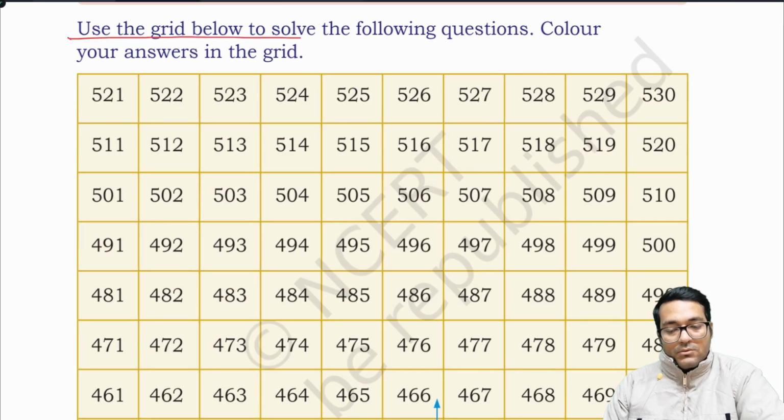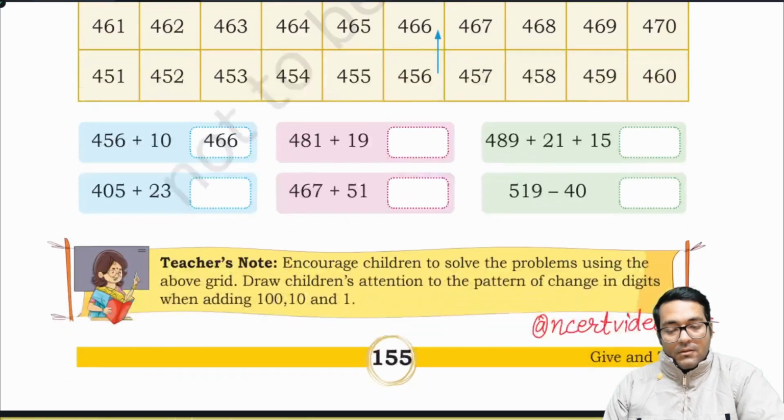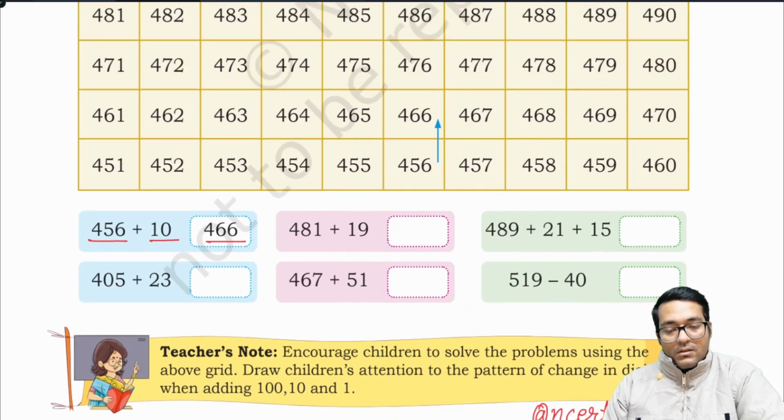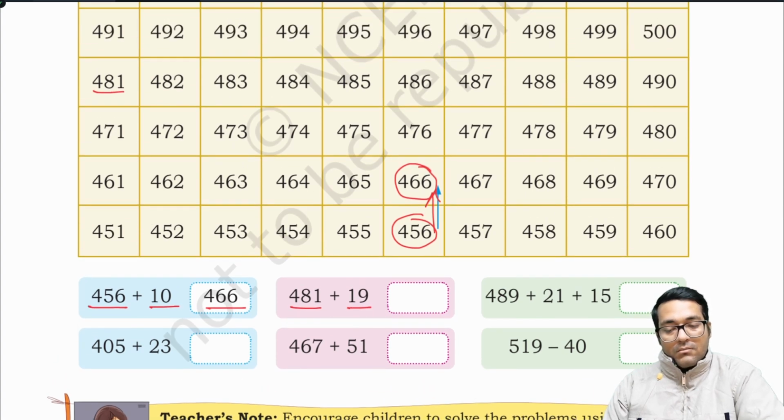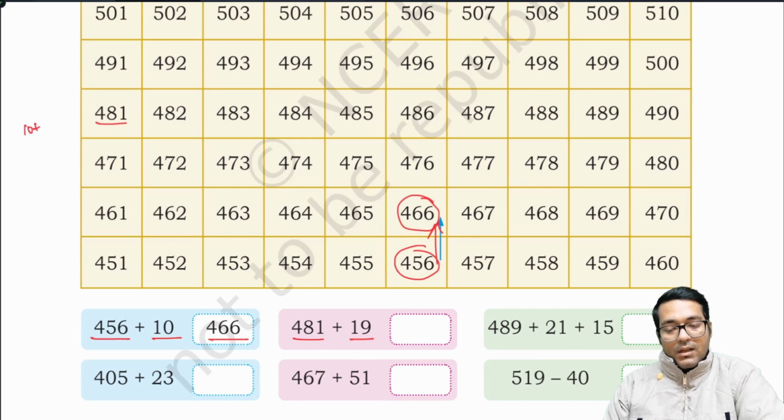Use the grid below to solve the following questions. Color your answers in the grid. 456 plus 10 is equal to 466. You can see 456. On moving up, you increase the number by 10. You get 466. Similarly, 481 plus 19. 481 is here. 19 means 10 plus 9.